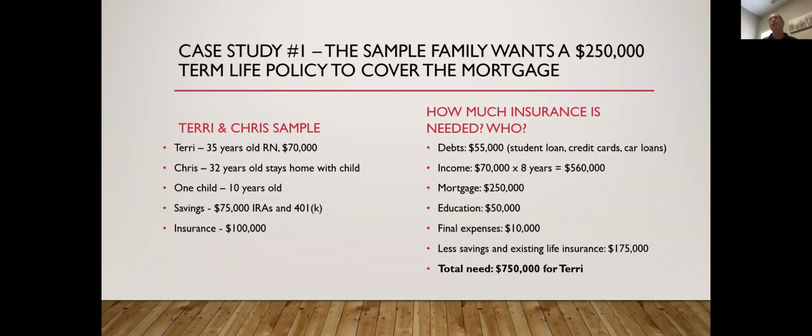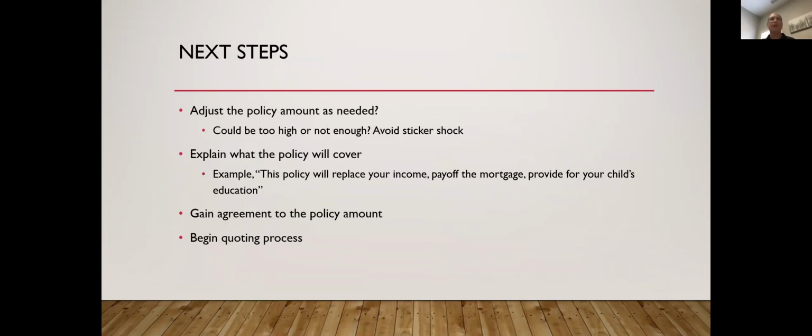So you can always use those numbers to adjust accordingly to what the customer can afford. Okay, and then obviously begin the quoting process. So we have the customer, we advise the customer what the money can be used for. We've gained agreement on what the policy amount is, and now we can begin quoting the policy.